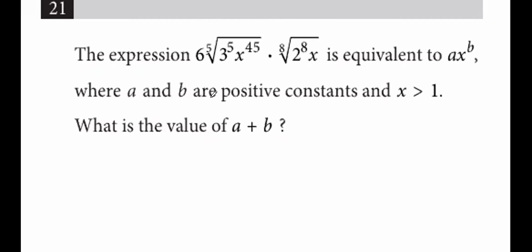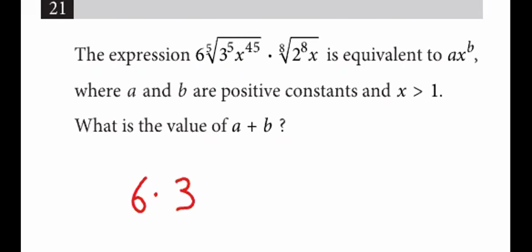Well, in this case, we start with the 6, and we multiply by the fifth root of 3 to the fifth. If we do 3 times 3 times 3 times 3 times 3 and then take the fifth root of that, we just end up with 3. So we have 6 times 3, and then we'll worry about the x part later.